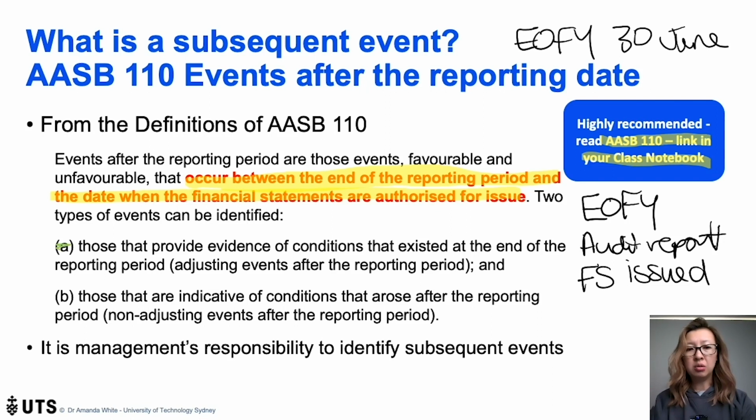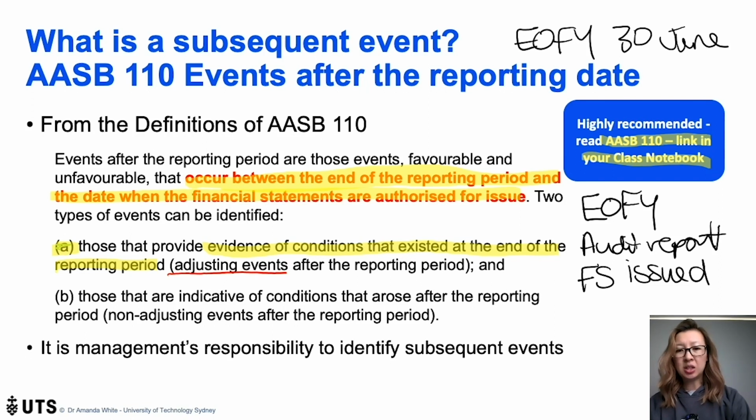A: those that provide evidence of conditions that existed at the end of the reporting period. So something happened during the year and we get new information about a transaction that happened back in the past. Those events are called adjusting events.